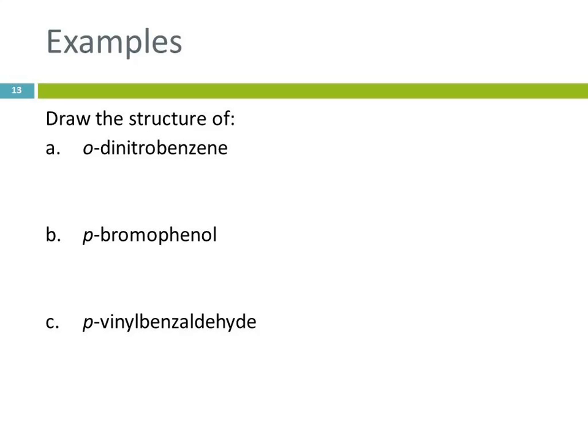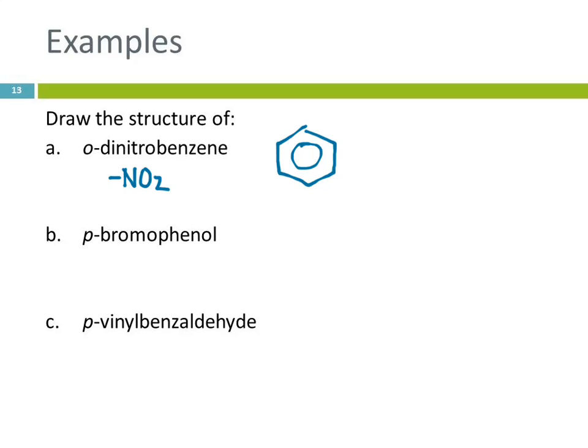So ortho dinitrobenzene, we need to start with benzene. It's a hexagon with a circle in it or with the 3 double bonds alternating. Dinitro, the nitro group is NO2. And that's one of those things you just have to memorize. And the book never really presented it very well, but there it is. Dinitro, there's 2 of them.